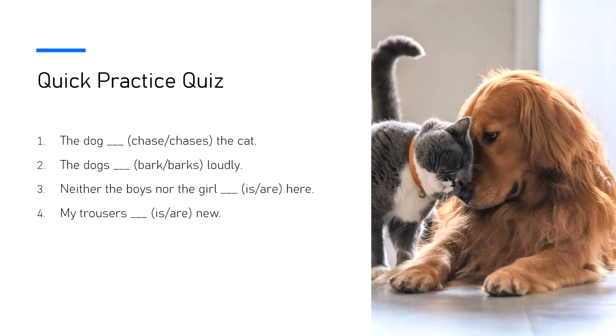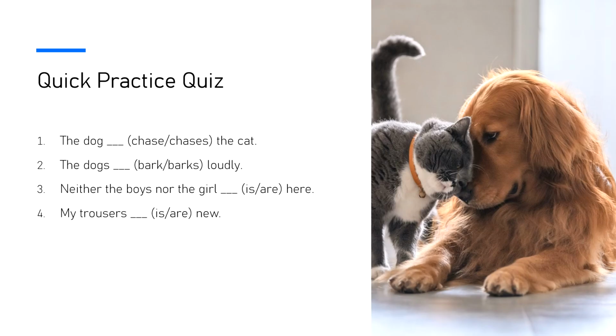The dog chases the cat. The dogs dash loudly. Now the subject is plural, dogs. Plural subjects take the base form of the verb. The dogs bark loudly.